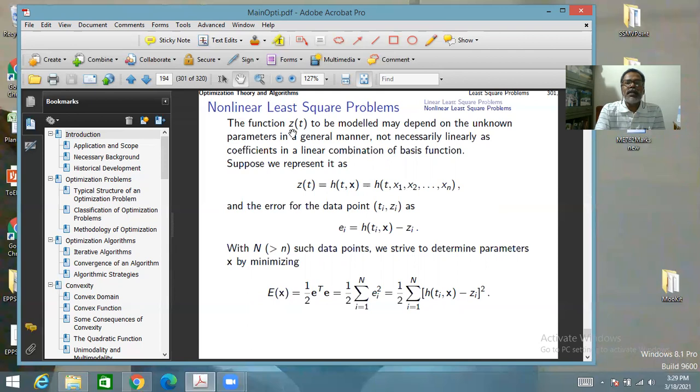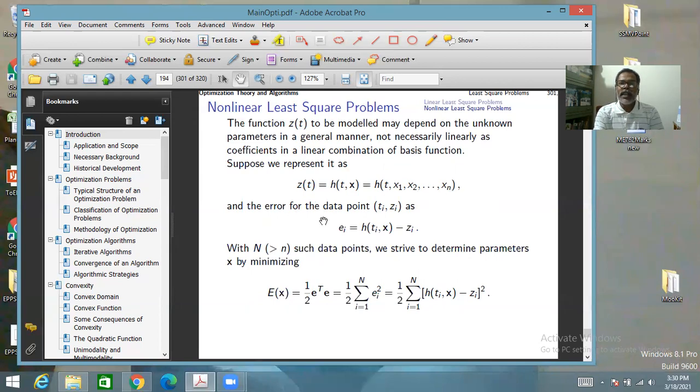Now let us take the unknown function z(t) to be modeled to depend on its parameters in any manner. And therefore, we cannot write a nice expression and we say that z(t) is essentially h of t and x. Okay. X has the unknown parameters.